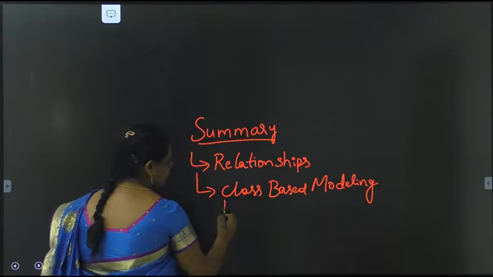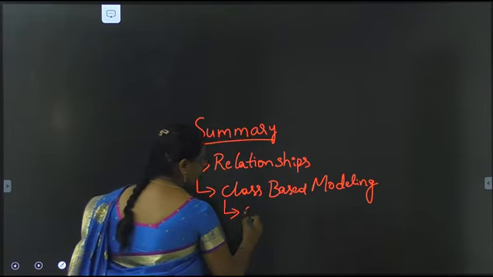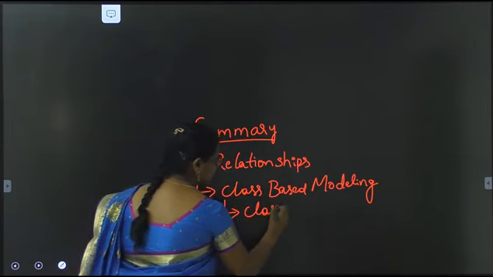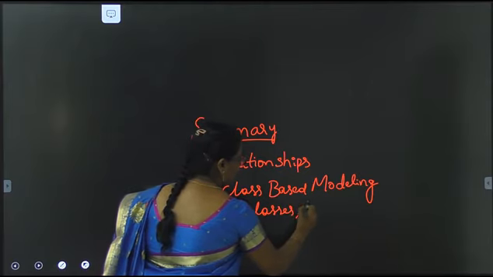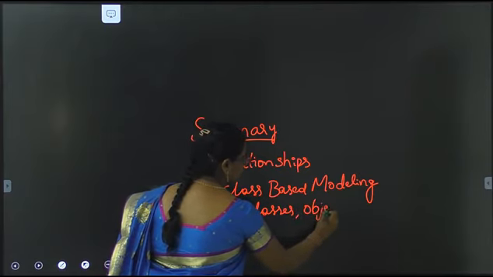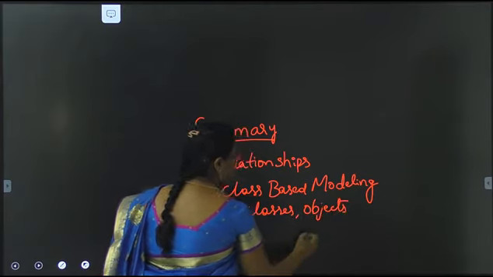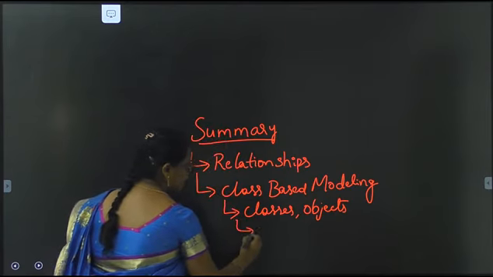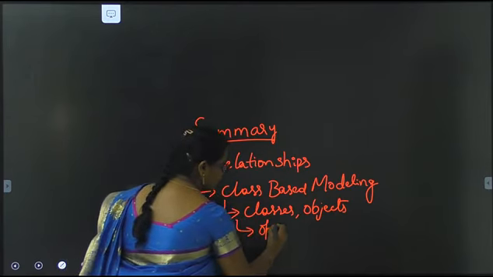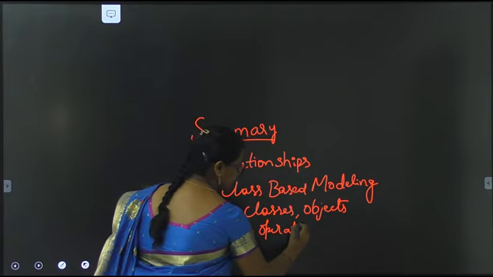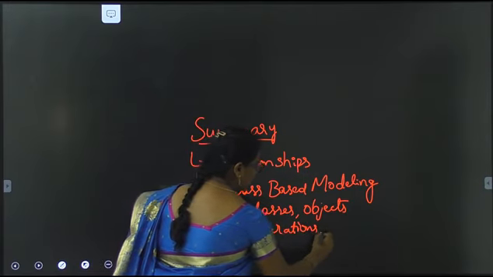We have seen the classes, what the classes are, what the objects are, and how to identify them. And next we have seen what the operations are and what the attributes of that are.